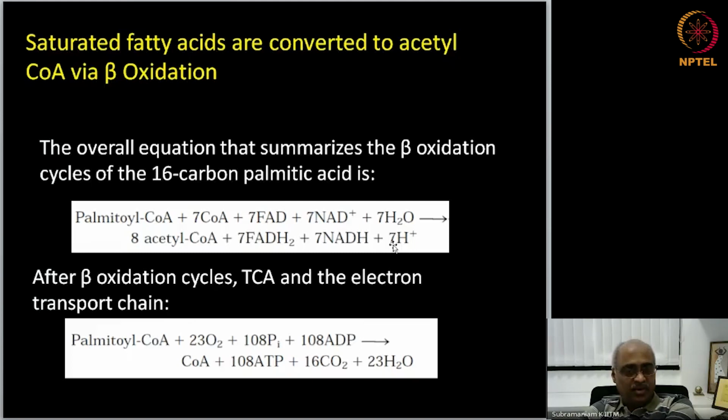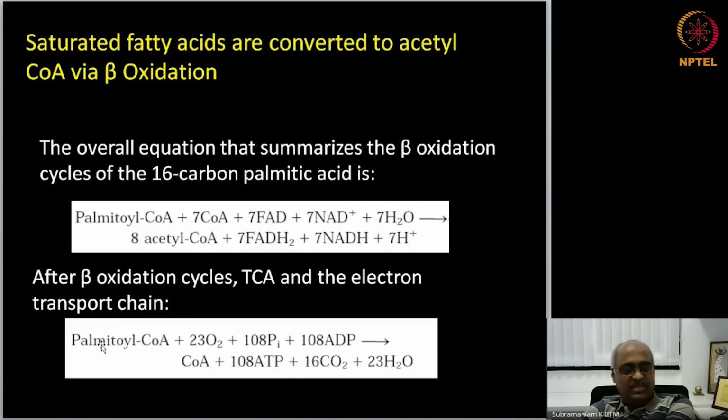And at the end of all, when oxygen molecules are converted into water and the acetyl-CoA carbons become carbon dioxide, this would be the balance. So 1 palmitoyl-CoA will consume 23 molecules of oxygen and 108 ADP molecules, producing 108 ATP. So this is the net gain from 1 palmitic acid oxidation.